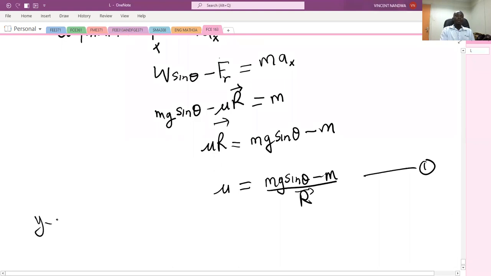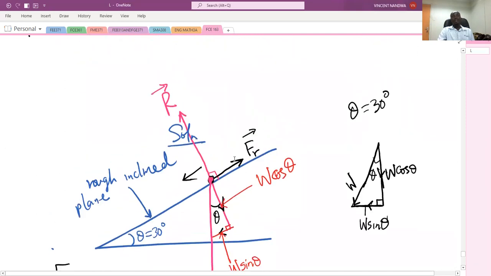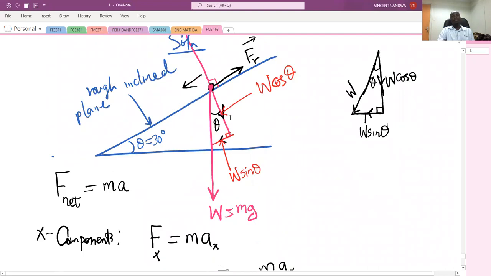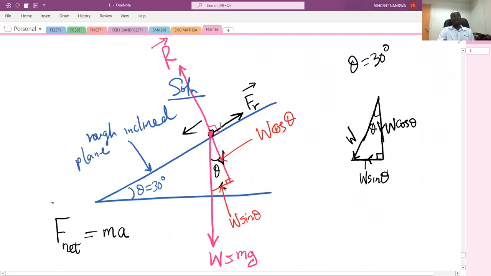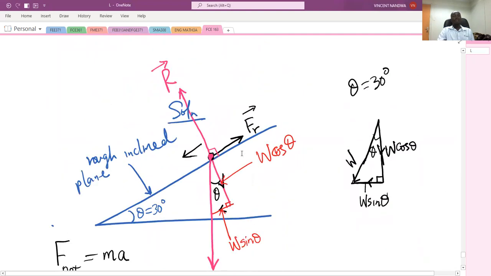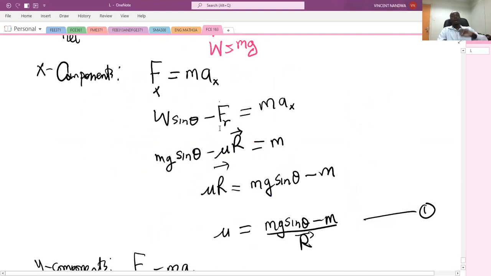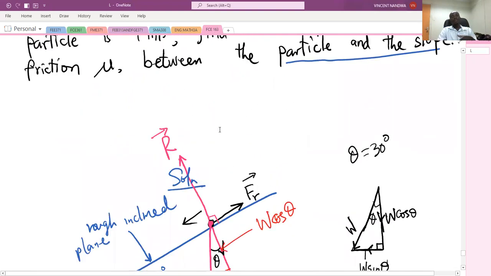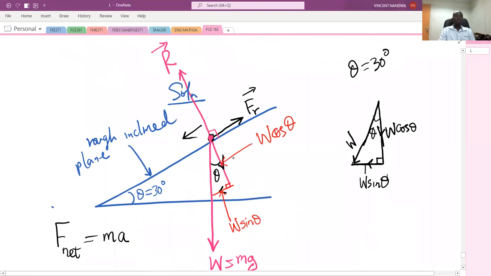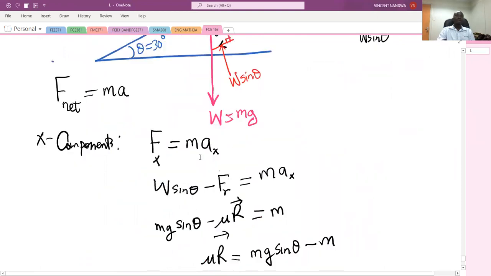Y components. So F net is ma. Those forces which are acting vertically, we have R and this W cos theta. So taking the upward force to be positive, then W cos theta will be negative because this is acting downwards.